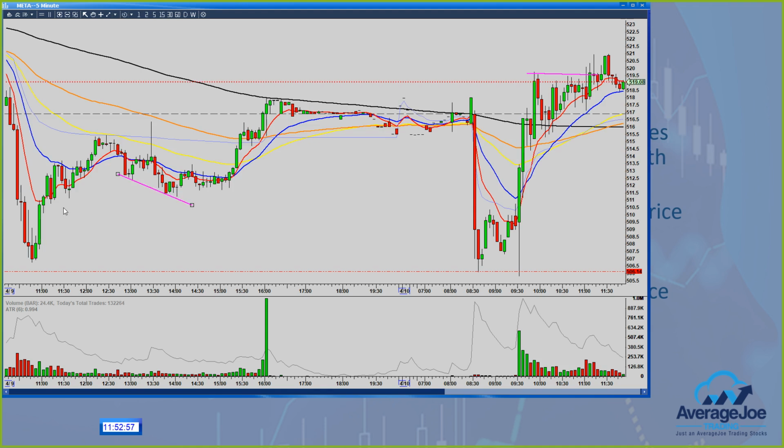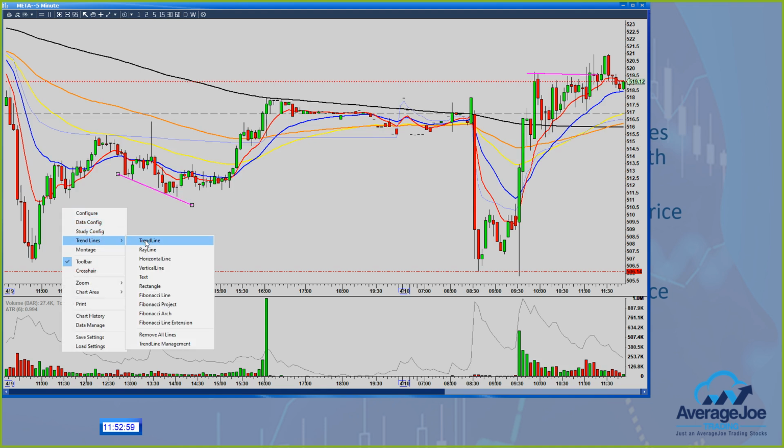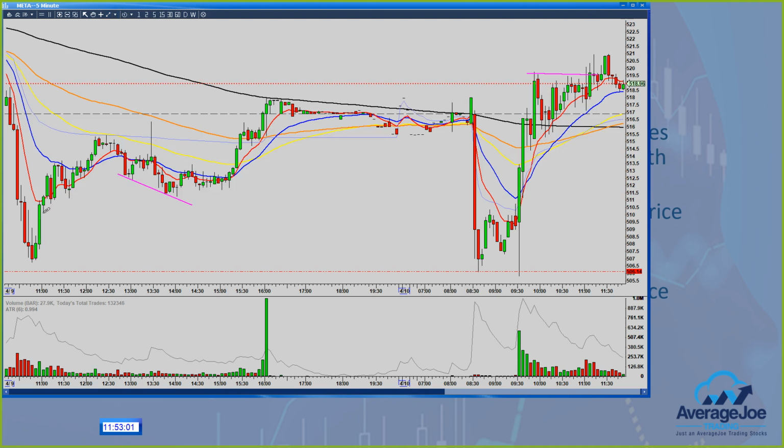Or if we're looking up, we may start looking at this. But all in all, we're looking at whether the price is actually trending up or trending down. I don't use this a whole lot in day trading, other than to show what's happening at certain points.